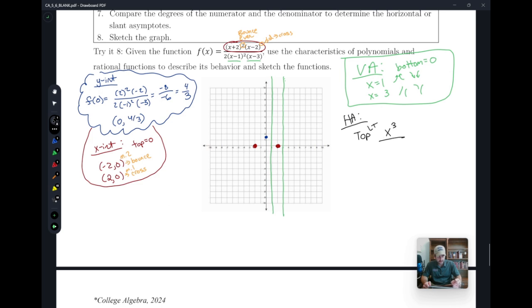Top leading term, bottom leading term: 2 times x times x times x, so we're going to have 2x³. Now because our exponents are exactly the same, we're just going to take the ratio of the leading coefficients and say our horizontal asymptote is at 1/2. More explicitly, y equals 1/2.